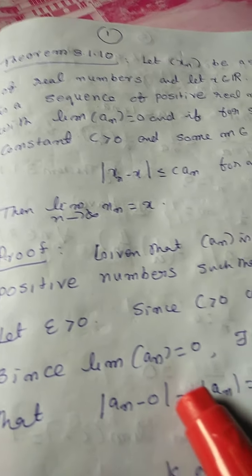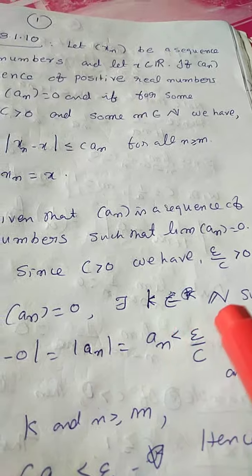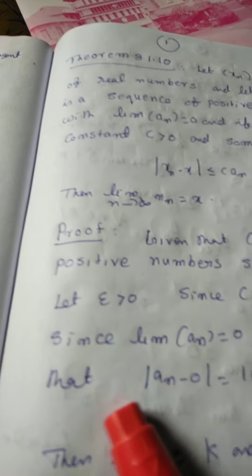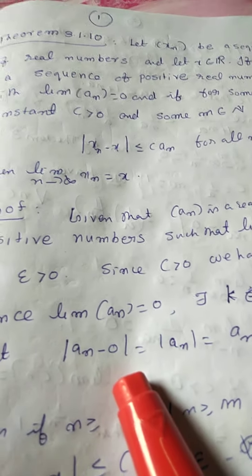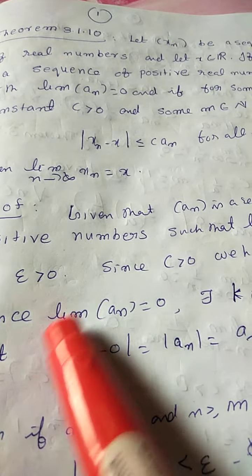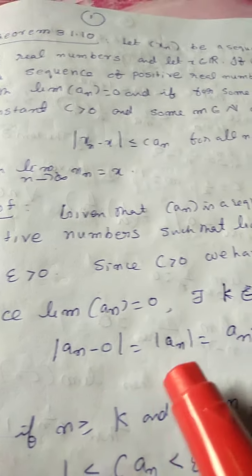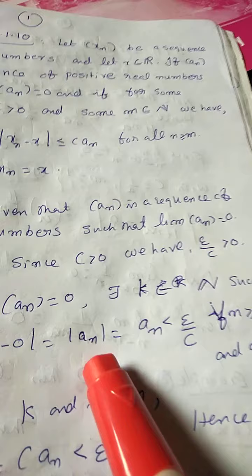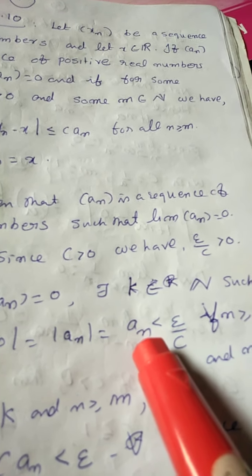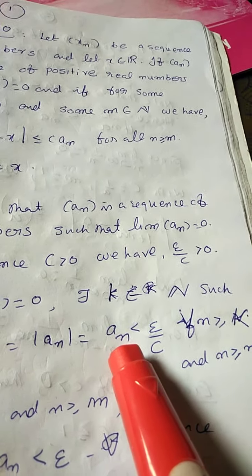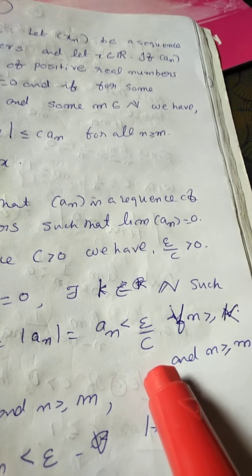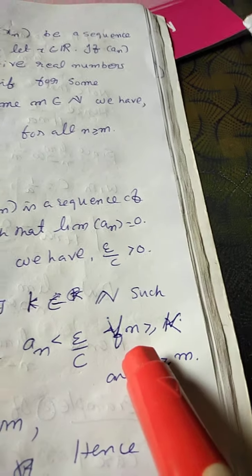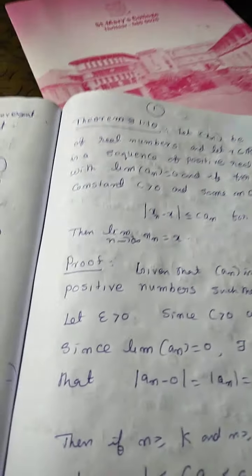Since limit of an equal to 0, we can choose a k belong to N such that modulus of an minus 0, which is equal to mod an. But mod an equal to an because an is a sequence of positive real numbers, so an less than epsilon by c for all n greater than or equal to k.